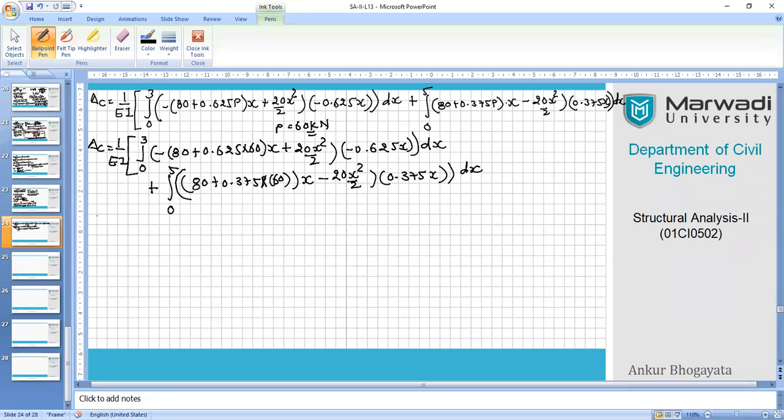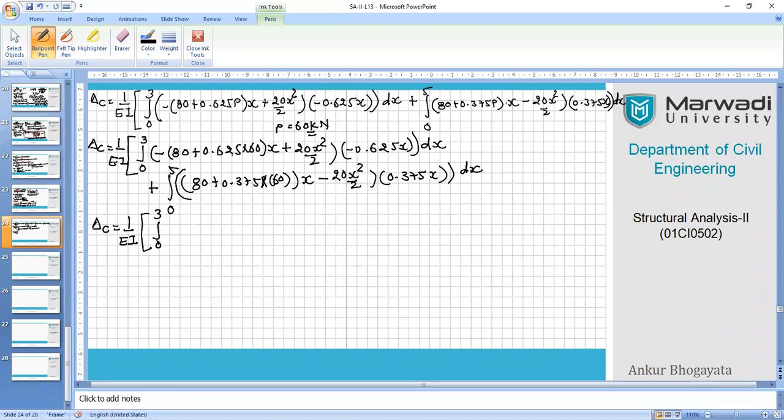So friends, let me write down the shortened equation for you, which will look a little more neat and clean and short. So 0 to 3. So now let me calculate for you. 0.625 into 60, 37.5, right, plus 80, so 117.5.